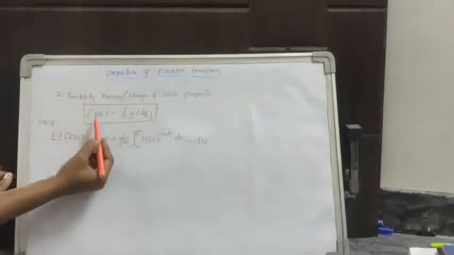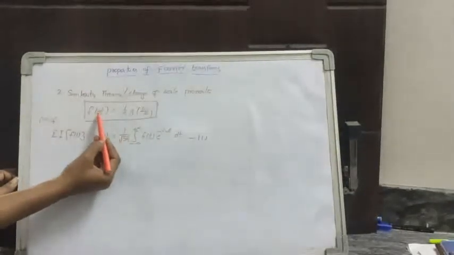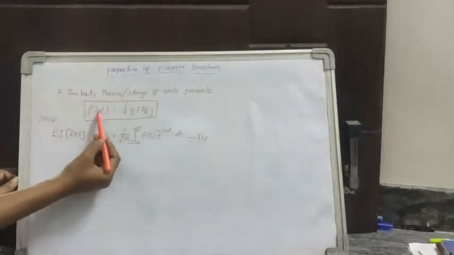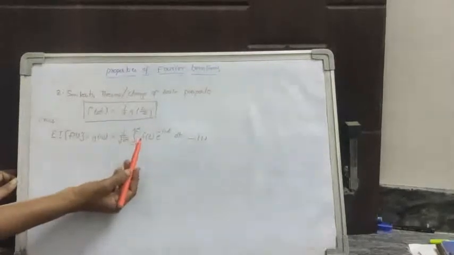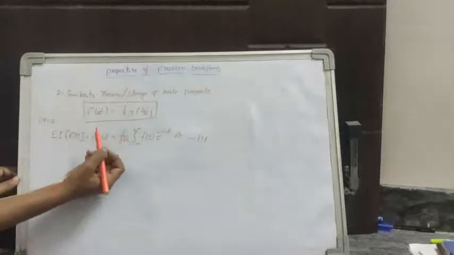Now in the given, in place of f of t, they have considered f of at. So we are going to express the same equation in terms of f of at.